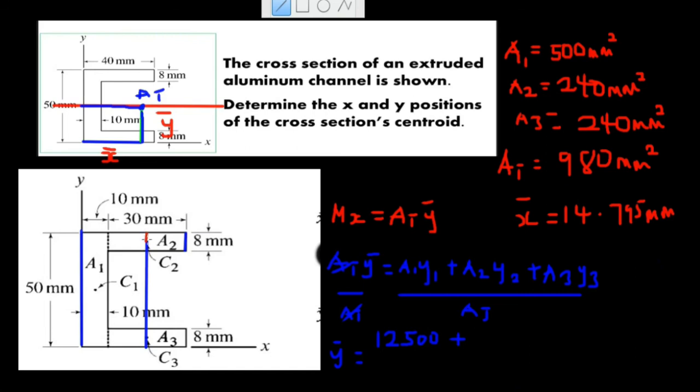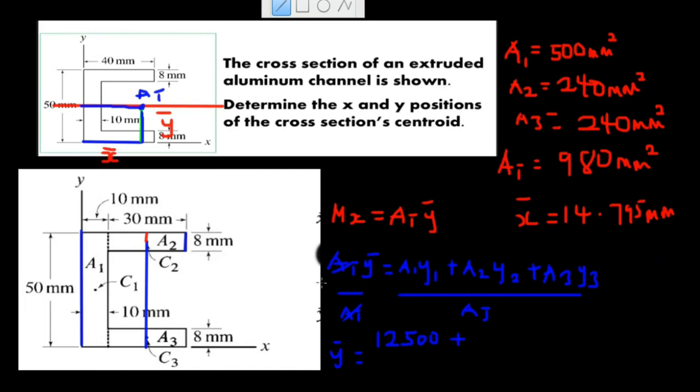So you are going to take this short distance out of 50 millimeters. And that short distance is half of this 8 millimeters, which is 4 millimeters. So you subtract this red part from this 50 millimeters here, and that gives us this distance to be 46 millimeters, because 50 minus 4 gives us 46. So y2 would be 46 millimeters.